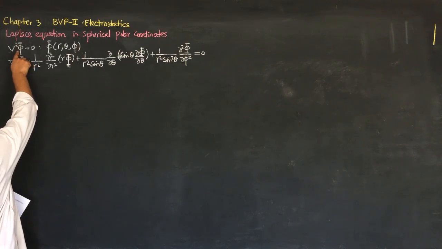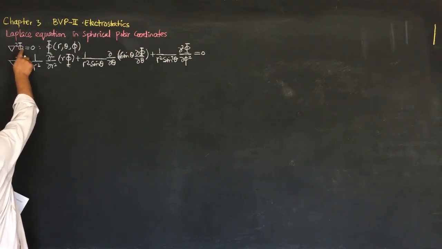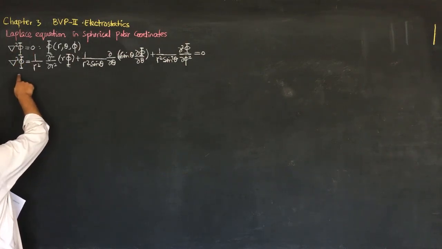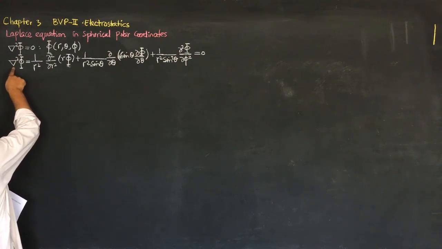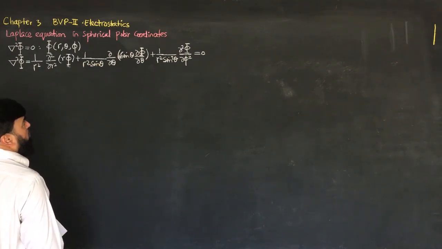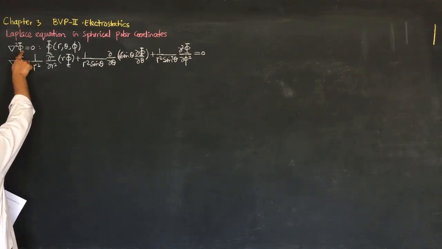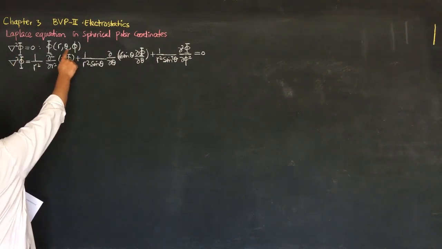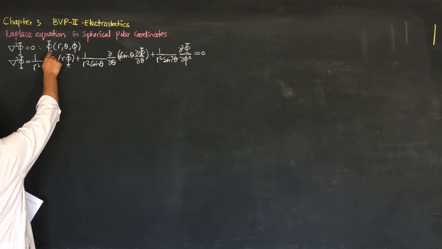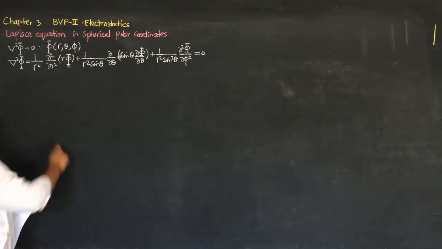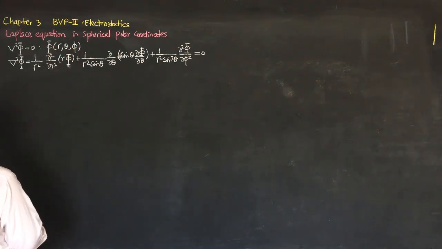Starting from the Laplace equation, del square phi equals 0, I can write del square in spherical polar coordinates. We will have to differentiate between this phi and this phi: this phi is our potential and this phi is a variable.